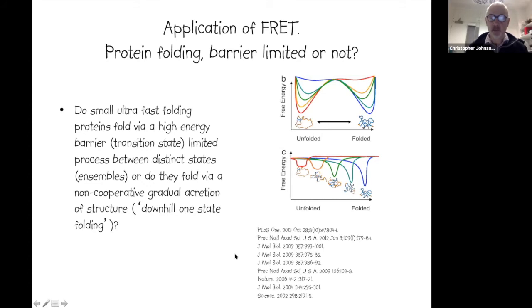There were a lot of publications on this, even in very high-profile journals like Science and Nature, but the whole issue was controversial and ambiguous because ensemble or kinetic measurements were unable to discriminate between these two models.